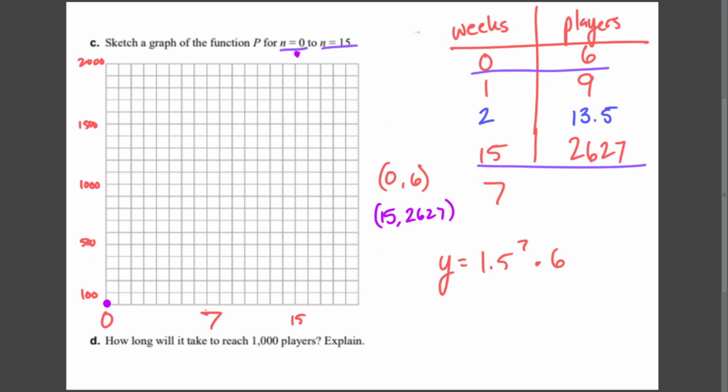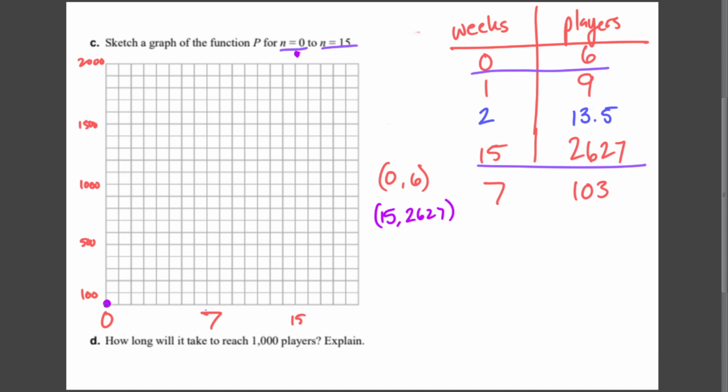And I'm going to go ahead and round that up to 103. So this comes out to be 103. This is just barely over 100.